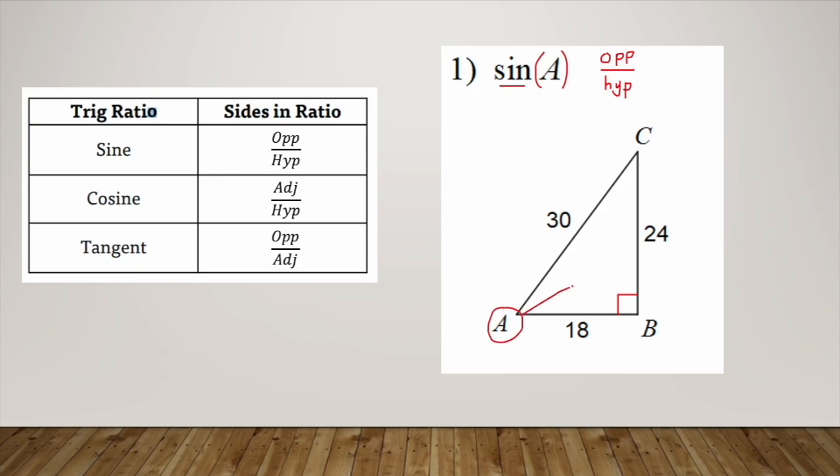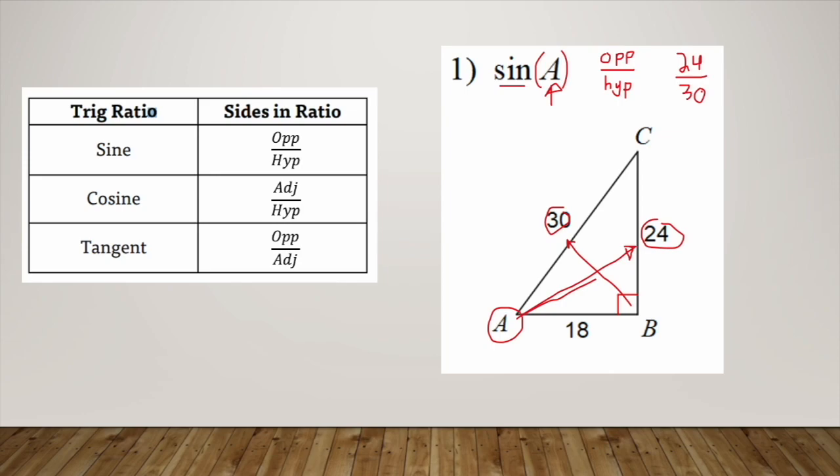Opposite of A, if you go across the triangle, is going to be 24. Remember, you have to go from the angle. And the hypotenuse is across from the right angle. The hypotenuse is 30. So the sine of angle A is just 24 over 30.